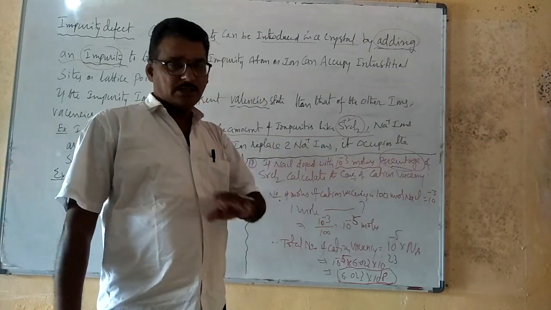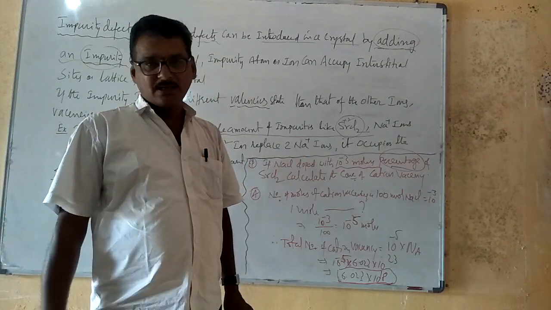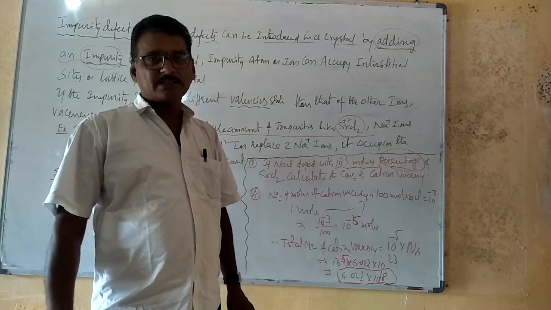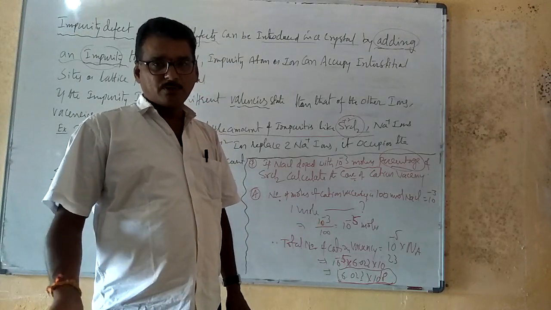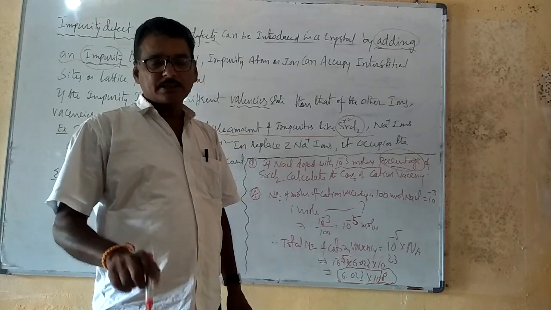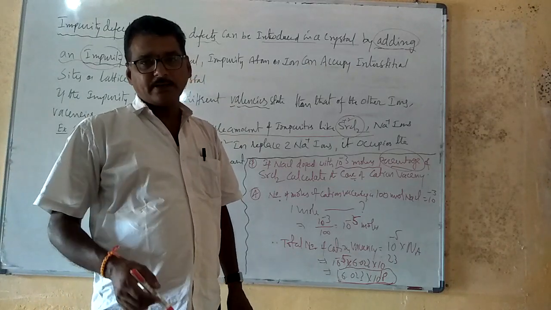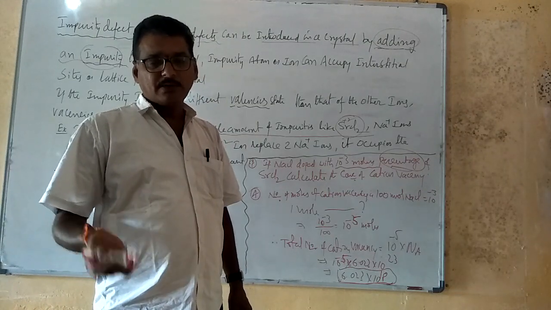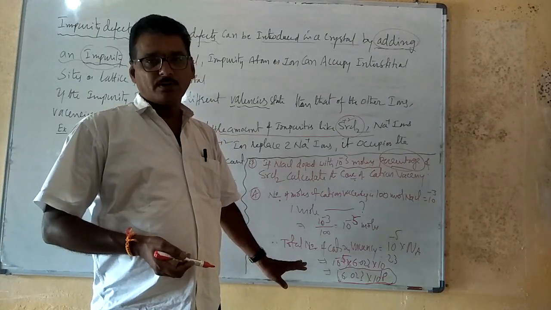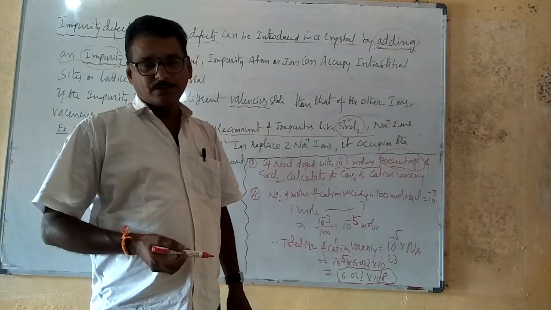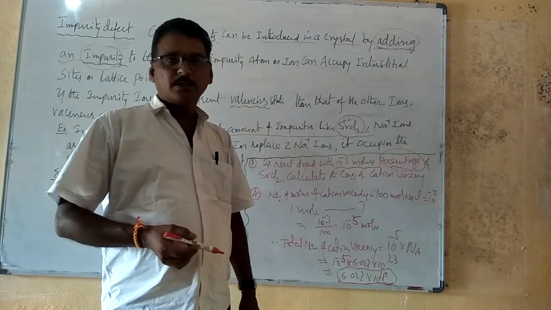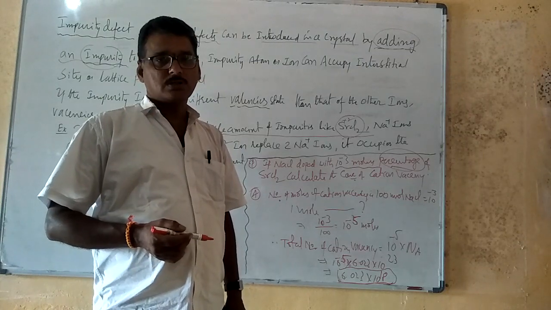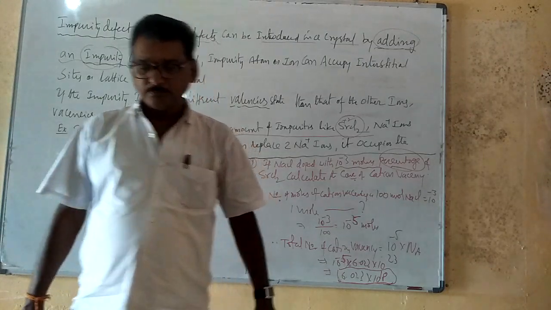To calculate the total number of cationic vacancies, first 100 moles gives rise to 10 power minus 3, so for 1 mole it is 10 power minus 5. Then the total number of cationic vacancies is 10 power minus 5 into Avogadro's number 6.023 into 10 power 23, which is 6.023 into 10 power 18. Okay?